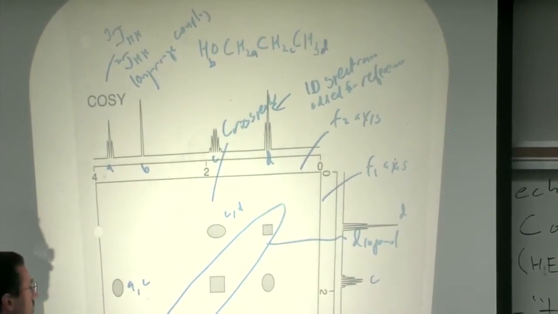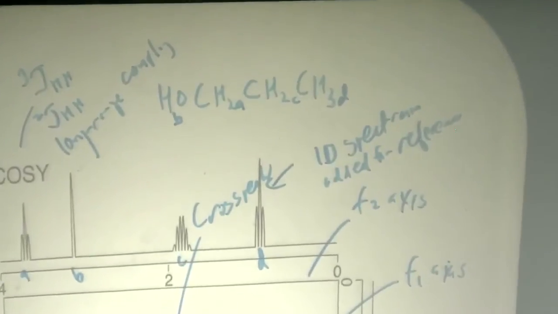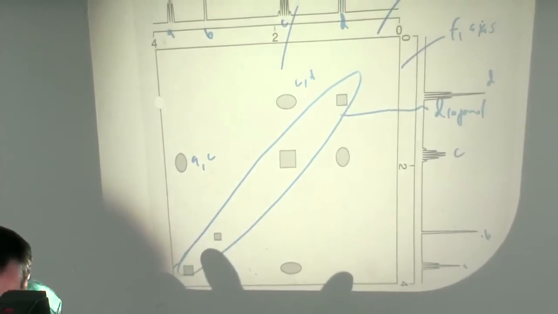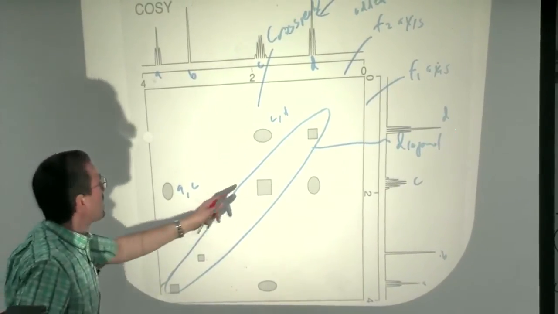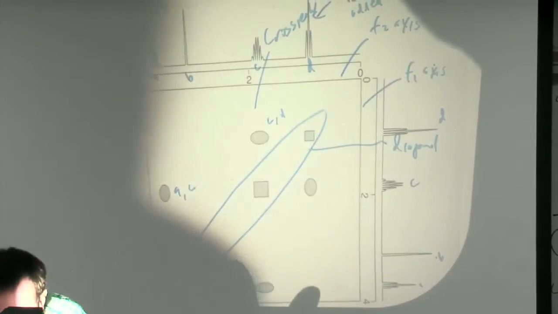And I'll show you as we progress, we'll learn more and more how to systematically extract this from unknown structures. But you can see, for example, that A crosses C, and so that's corresponding to this coupling, this correlation. And we can see that C crosses with D, that's corresponding to this coupling, this correlation.